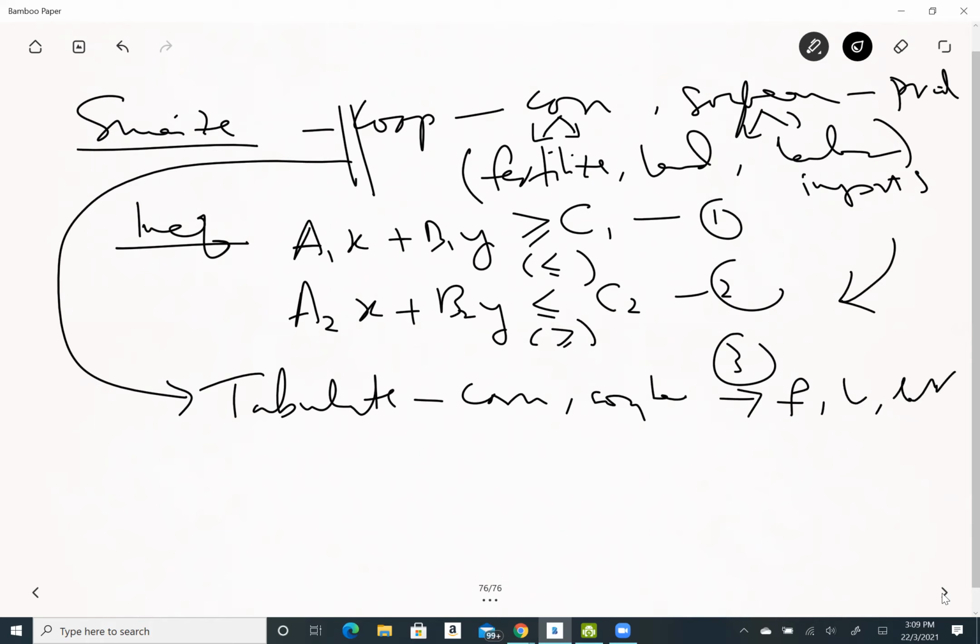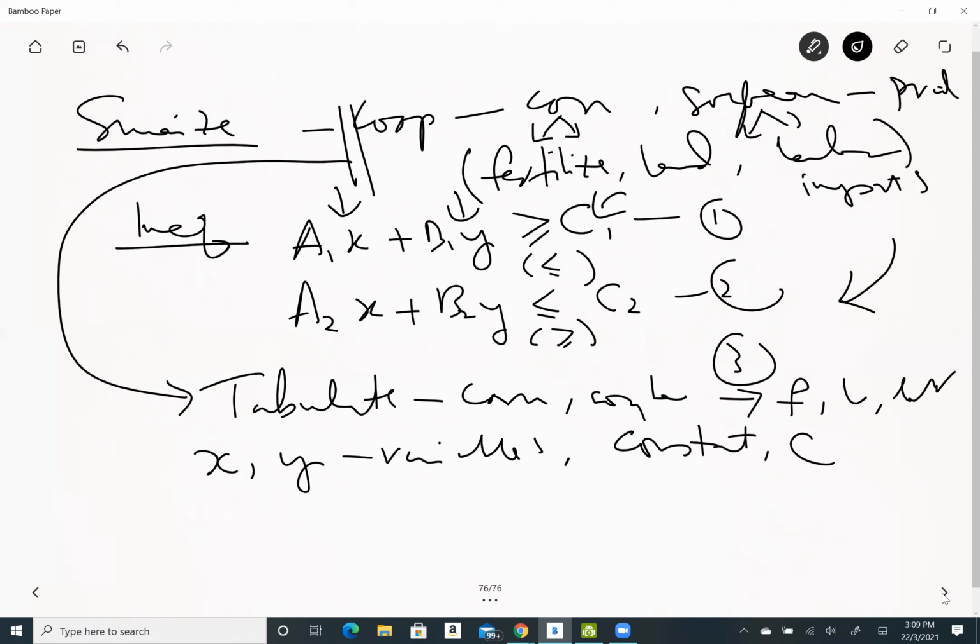Now, if you look at the inequalities, you have here the variables, X and Y, and here are the constants. So these things will be the variables, X, Y, and it can also be the constants, the C, okay?